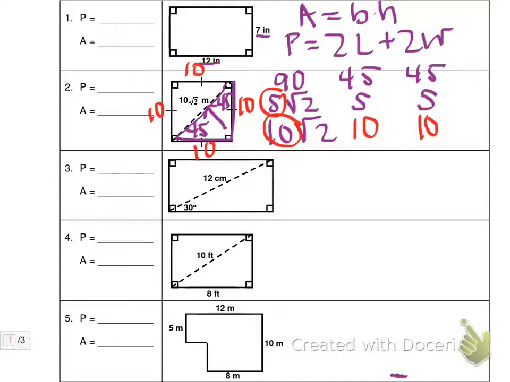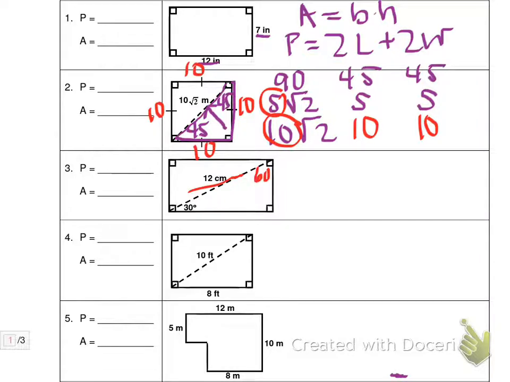Number 3 here, we're actually going to do number 3 together. So I have 90, 30. Since I know 90, 30, I can say that this other angle at top is going to be 60. So 60 right here.